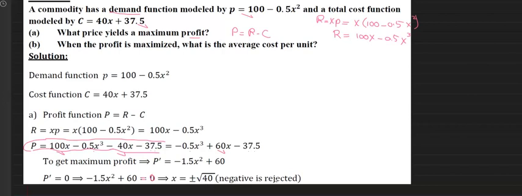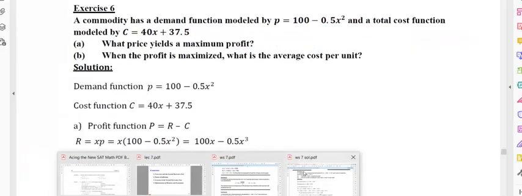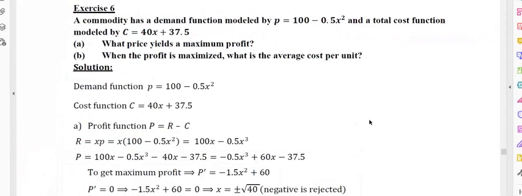And of course the negative is rejected because the x here is representing the number of units sold of this commodity. So we will get x equals square root of 40. This is the x that we would consider. And then in order to get the maximum profit, we need to show that at this x value that we accepted, the square root of 40, this is where the profit is maximum.